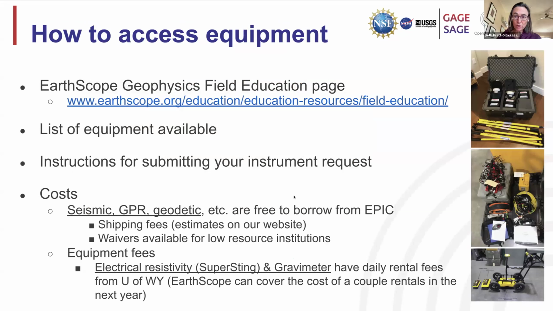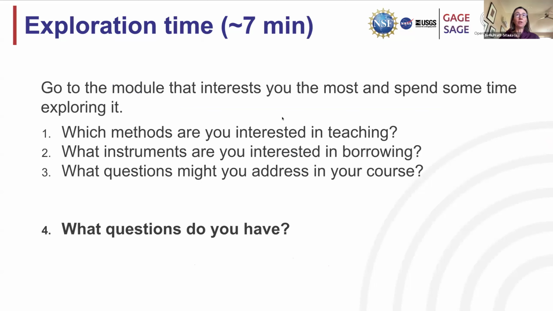So before we give you some time to actually look at some of the resources yourself, I did just want to go over how to access equipment and instrumentation. EarthScope Consortium, which runs the geophysical facilities for the National Science Foundation, has a variety of instruments available.